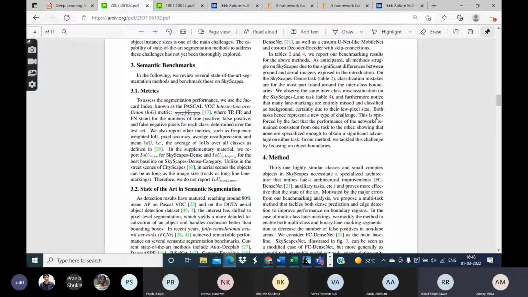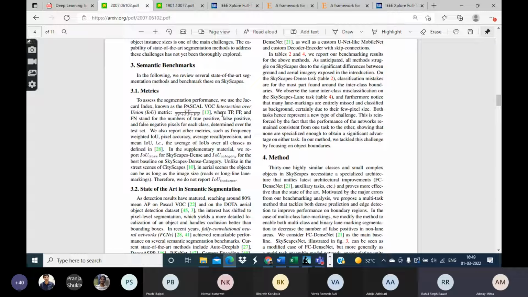And then there is the recall, that is, out of all the pixels that are actually associated with buildings in the ground truth data set, how many of those pixels our semantic segmentation has been able to classify as buildings.